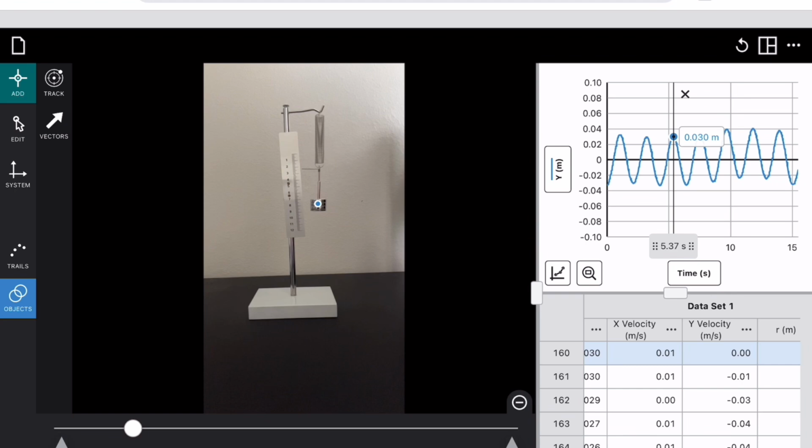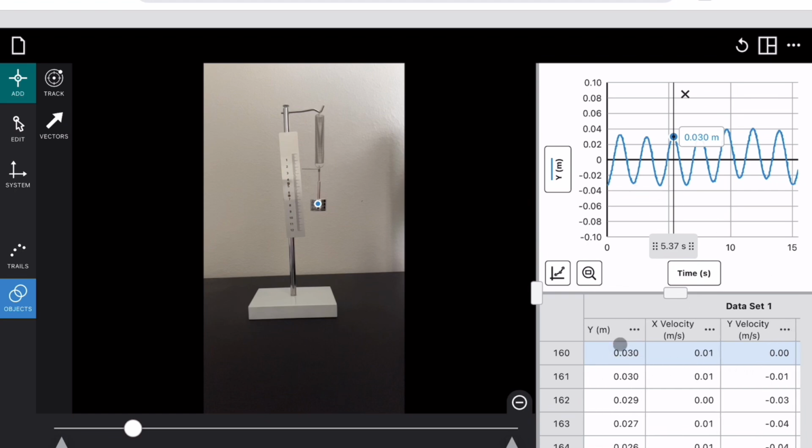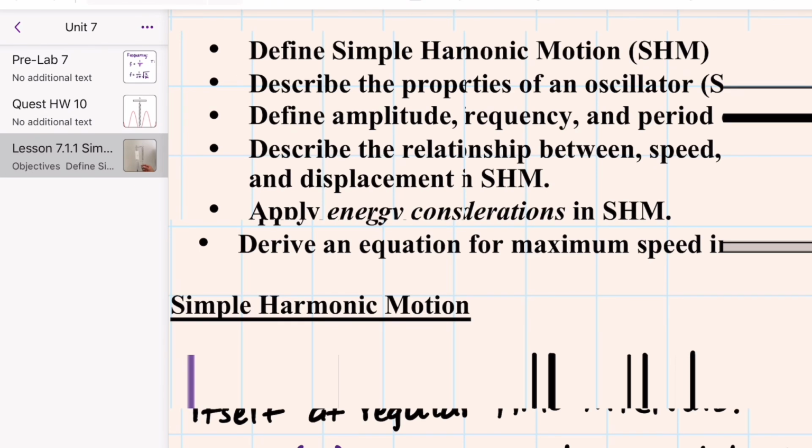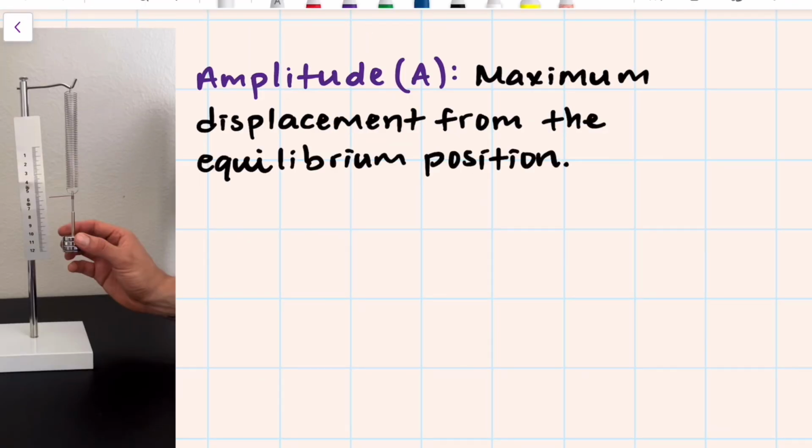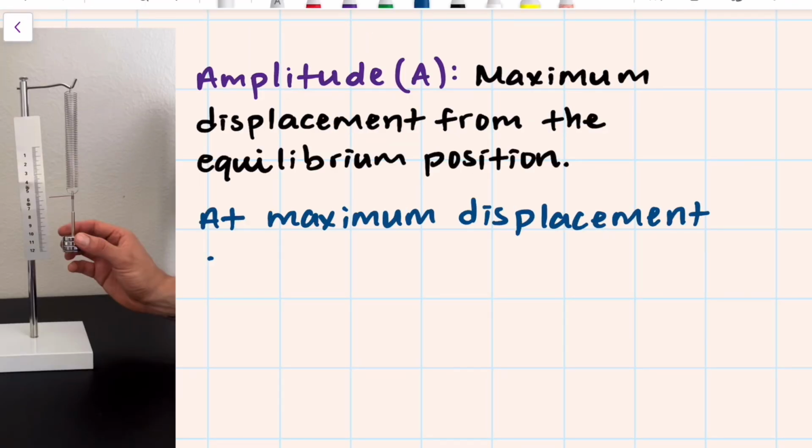I think it's harder for anyone to see with the pendulum, but with the mass on a spring, when you analyze the motion, you can see that when the displacement is at its maximum, when we have the amplitude of the wave that is traced, the velocity is 0. Therefore, we can say at maximum displacement, the speed of the oscillator is 0.